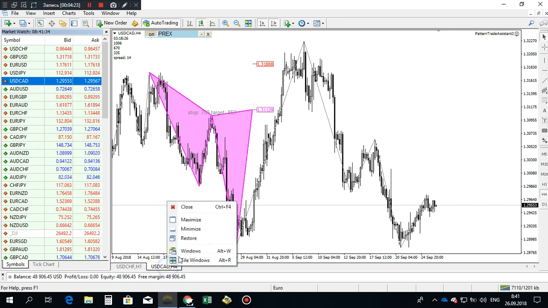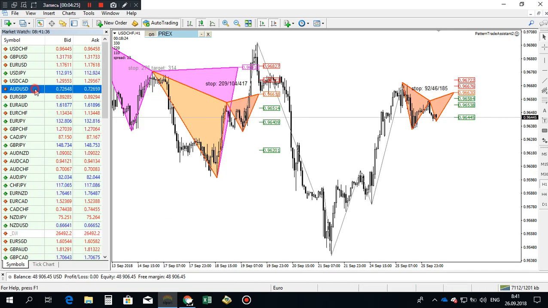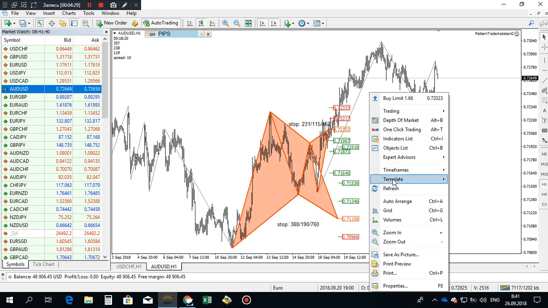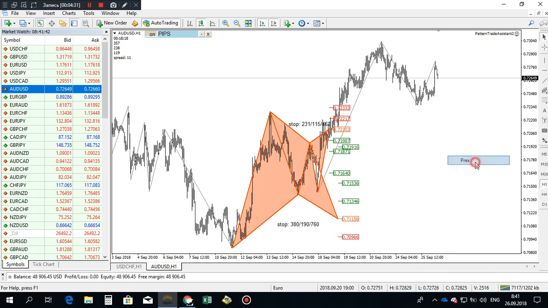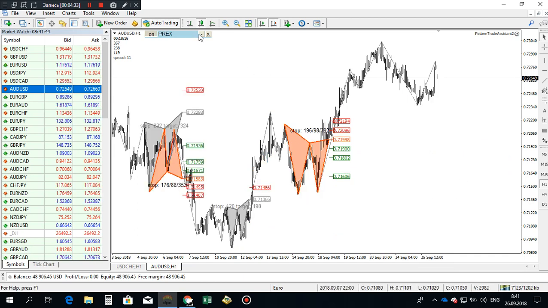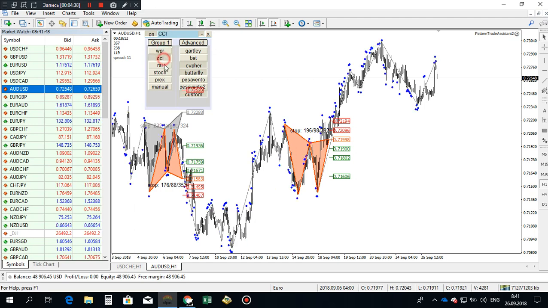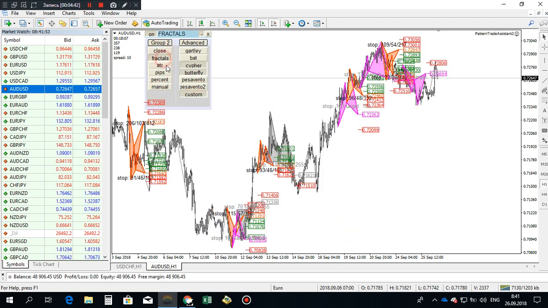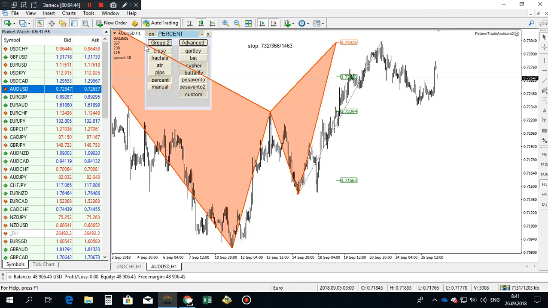Let me close it. And Aussie dollar chart window, Forex algorithm. By the way, the algorithm can be changed here as well. Simply switch between group 1 or maybe group 2, whatever you wish.